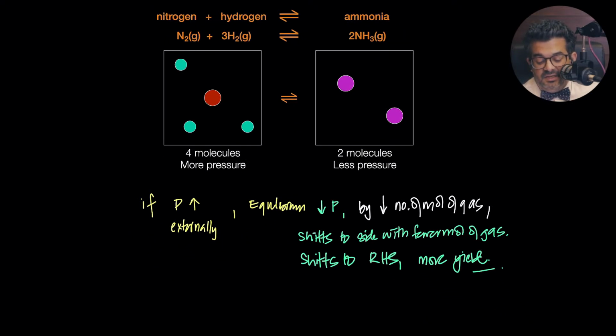And obviously, if the pressure was decreased externally, the equilibrium will move to increase pressure. So if the pressure is decreased, then the equilibrium will shift to the side with more moles of gas. The equilibrium will want to create more pressure, more molecules of gas. It'll go to the left hand side. That's the opposite of this.